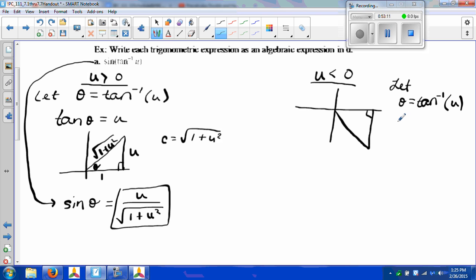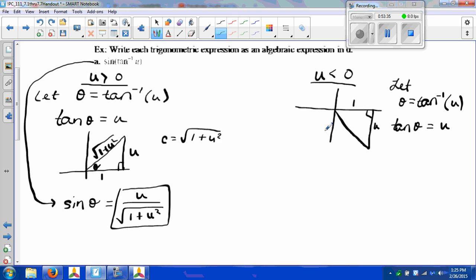So then that would mean that the tangent of theta equals u. Alright, so opposite over adjacent. You don't write a negative u is negative. So if it's negative 2, for instance, and you wrote negative u, that would be negative 2, which would be incorrect. So we're just saying u is already a negative number, so it's correctly defined right there.